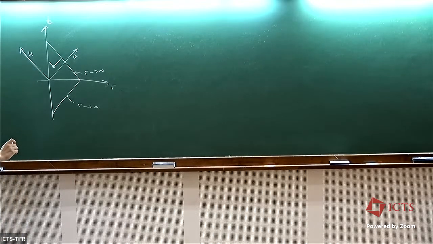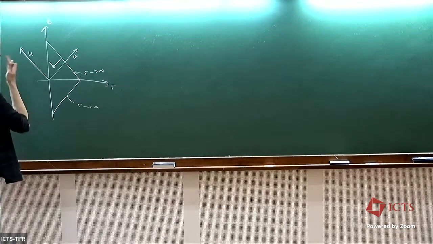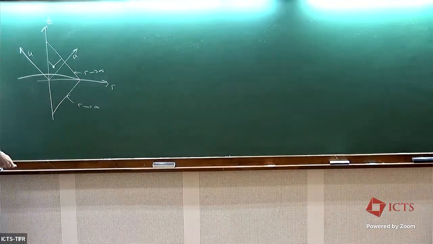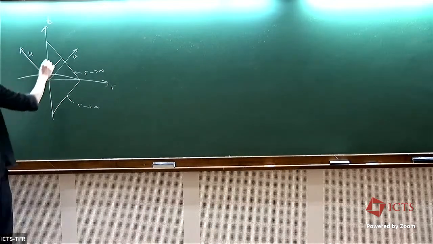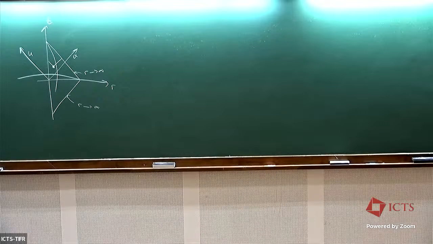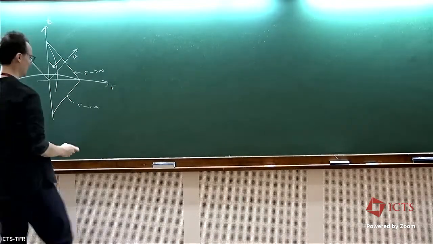Perhaps one other thing is that if I draw a line like this, then I'm looking at a hypersurface that's space-like. And if I draw a line like this, then this is a hypersurface that's time-like. If there's still confusion, please talk to me afterwards.